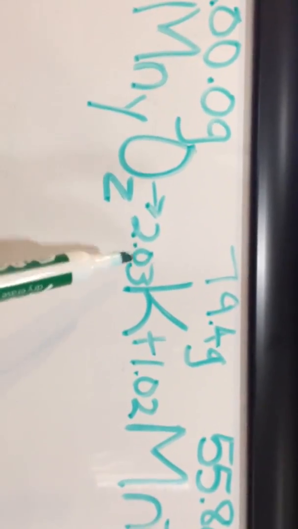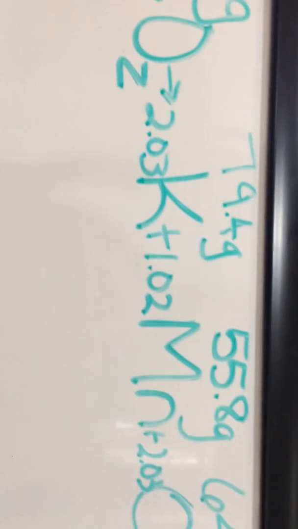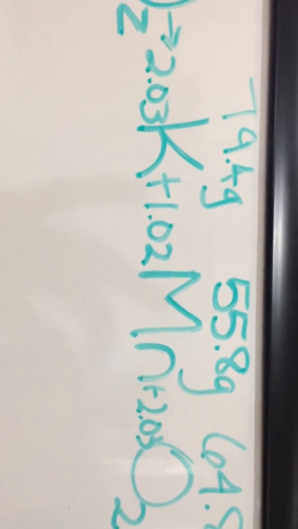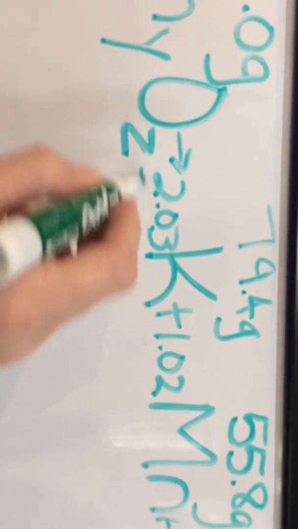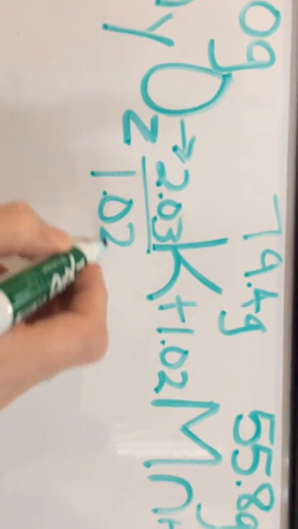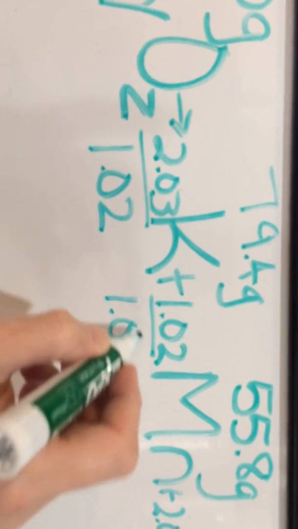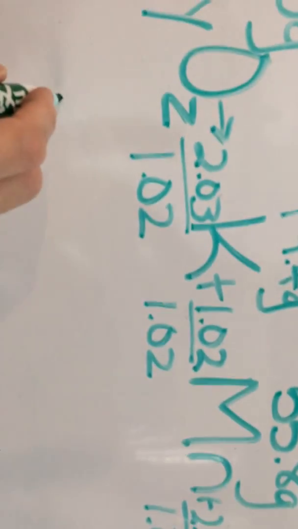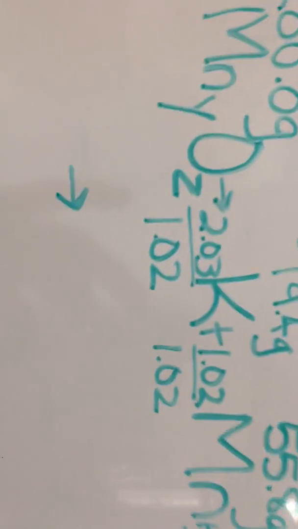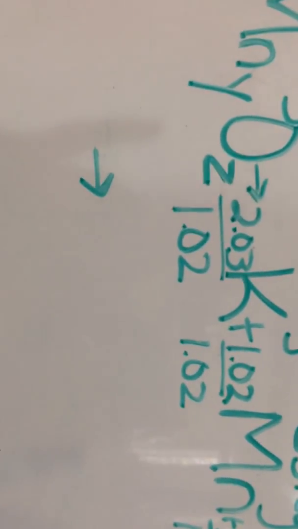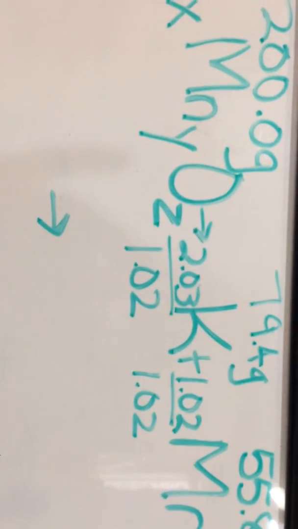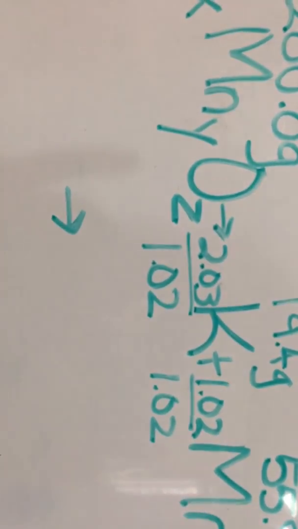Let's look at our 3 numbers. We have 2.03, 1.02, and 2.03. What is your smallest number? It's 1.02. Let's divide all of these by 1.02. I've already done all this, so I'm just going through it with you. 2.03 divided by 1.02, you are going to get 2.